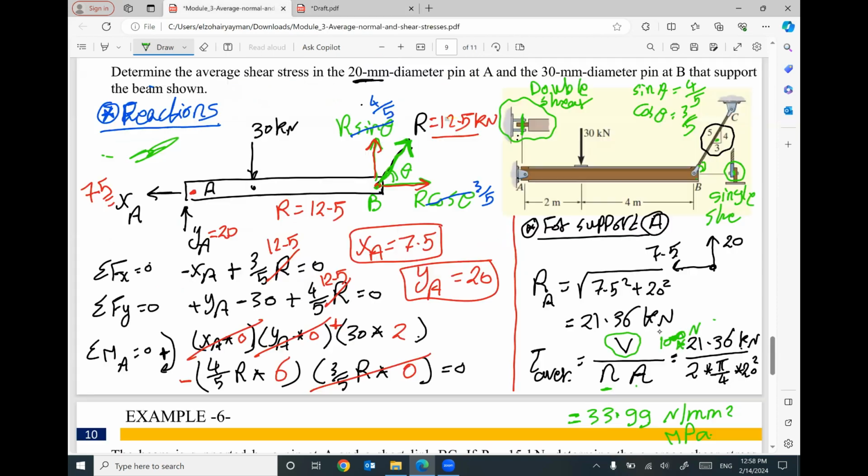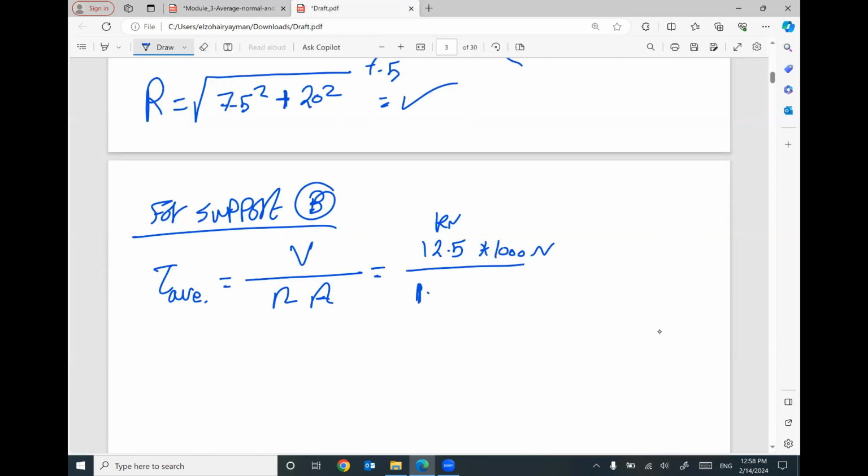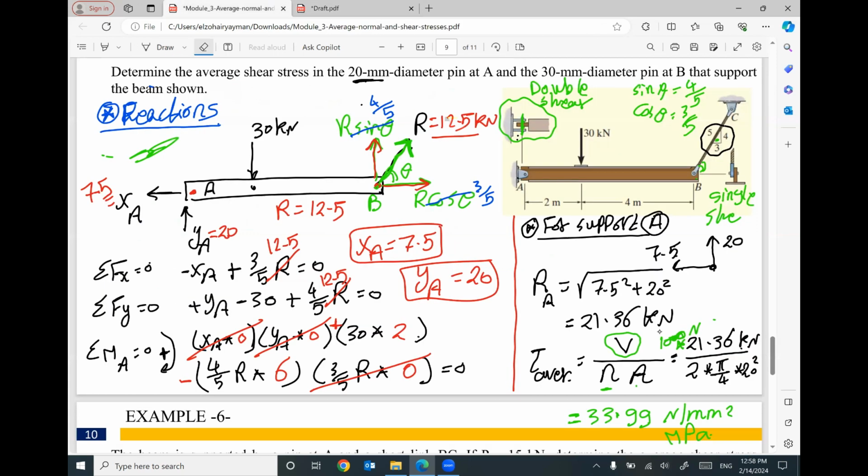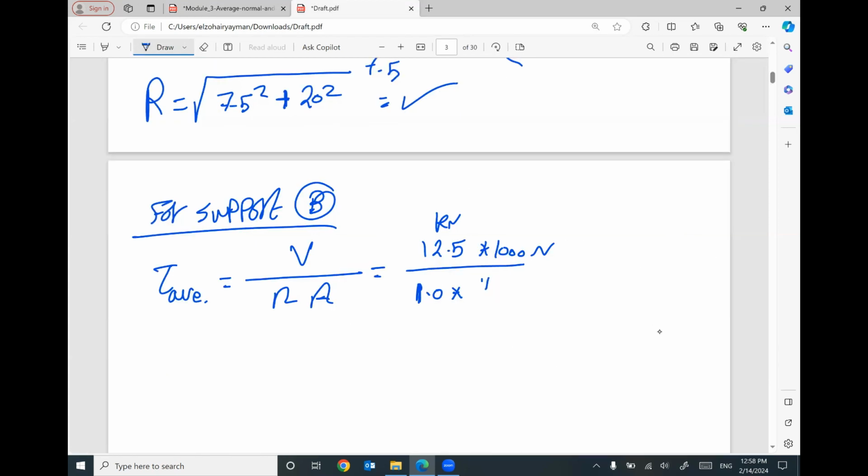The number of shear planes, since the details given at this support B, it's only the single shear. So the value of N will be 1. The area of the bolt or the pin at B, we have 30 millimeter diameter. So the area will be pi divided by 4 times 30 square.